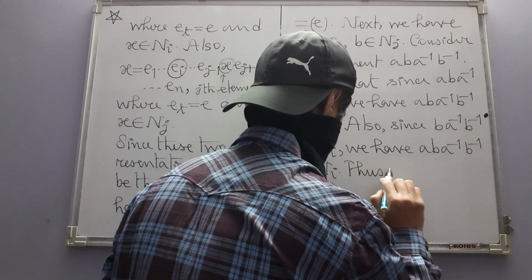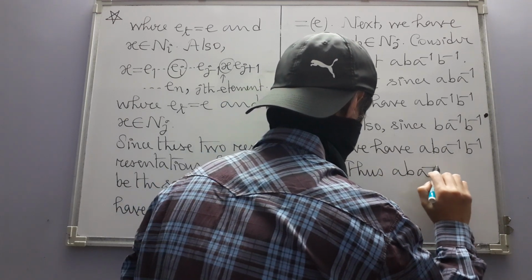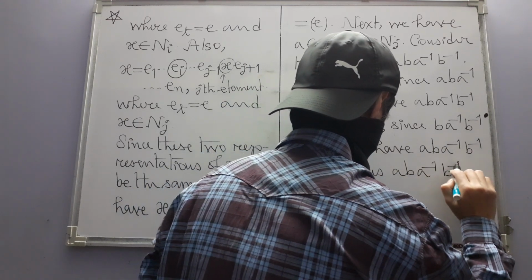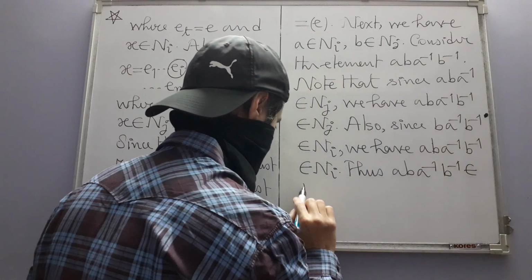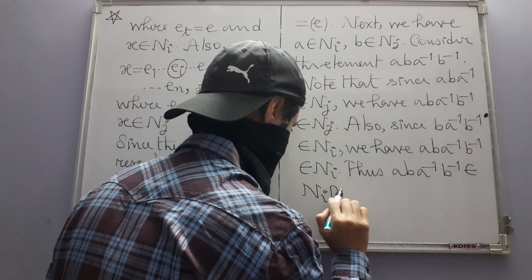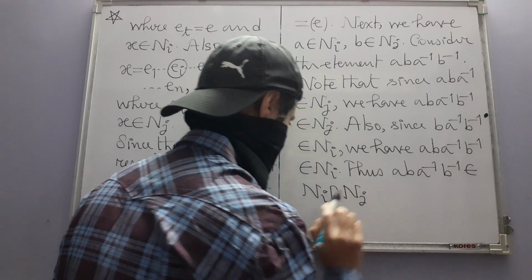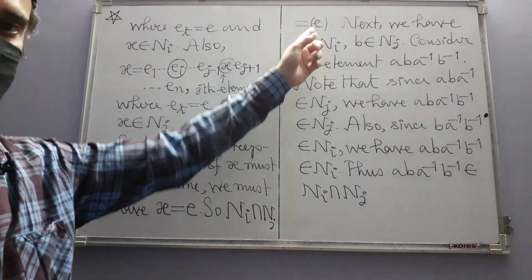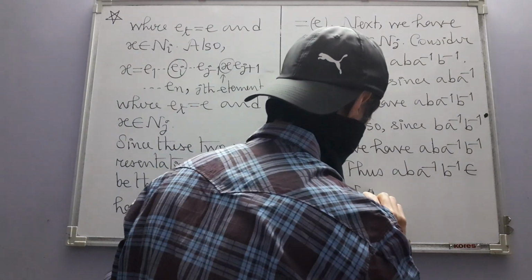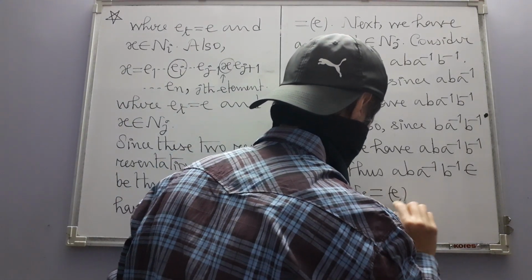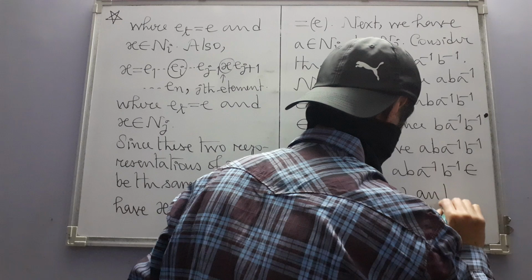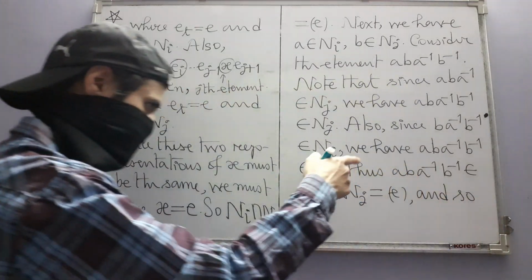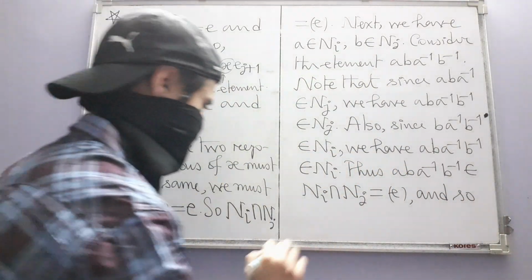Thus, however, we have just now proved that this intersection is trivial, and so this commutator needs to be equal to the identity element.